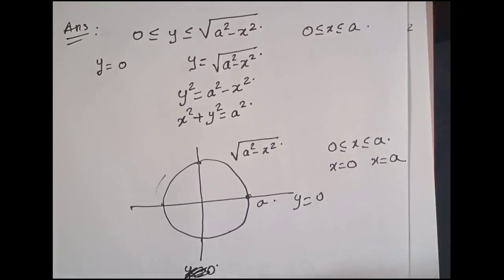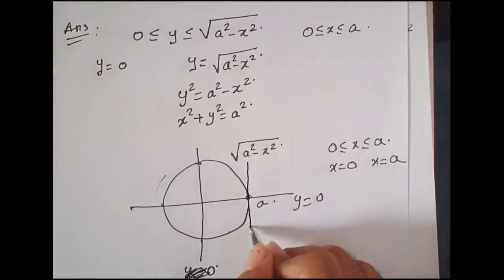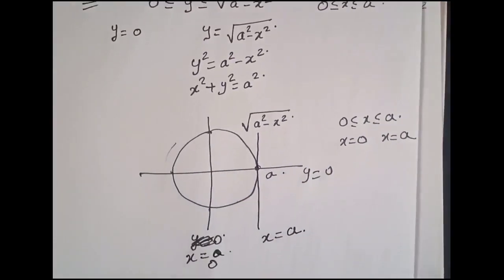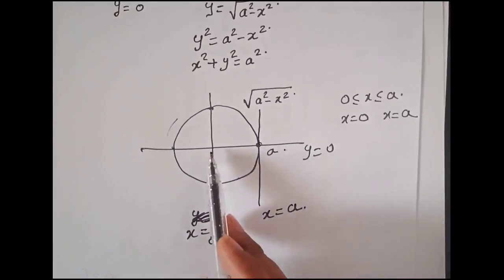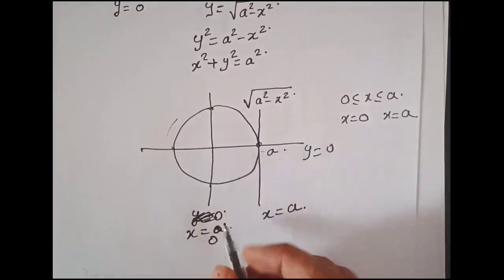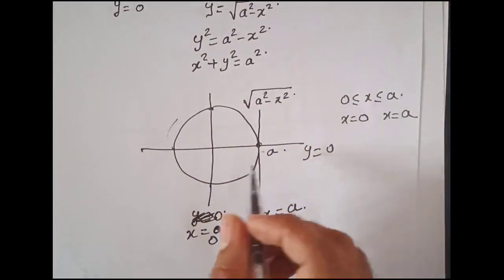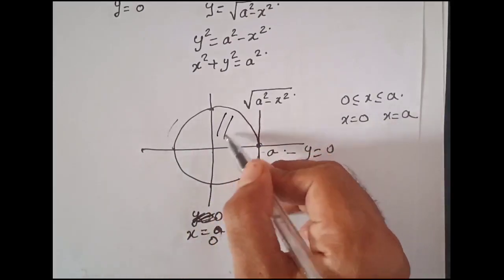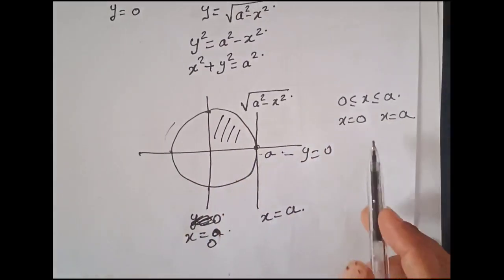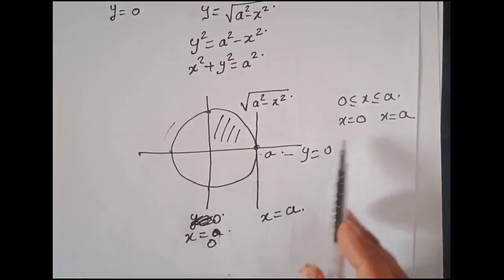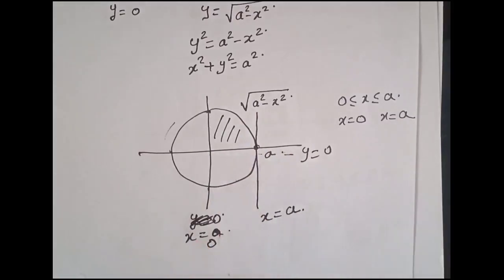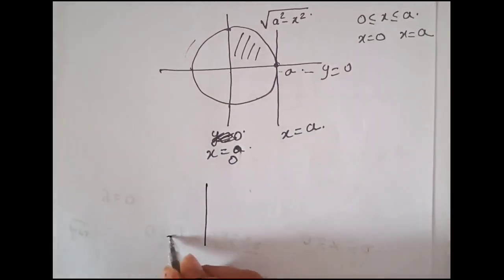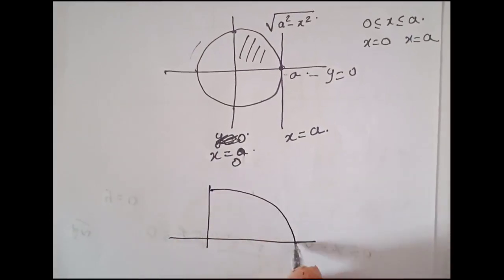So this line is x is equal to 0, and this is x is equal to a. So we are considering everything between these two lines. That means this line, and this line, and this curve. So we can see that the common region is nothing but this. Also, x is greater than 0, y is greater than 0, so we have to consider the first quadrant. So therefore, our region of integration is actually just the first quadrant.